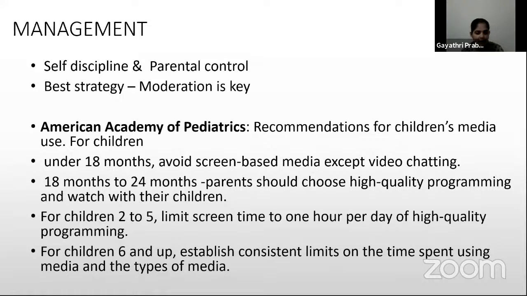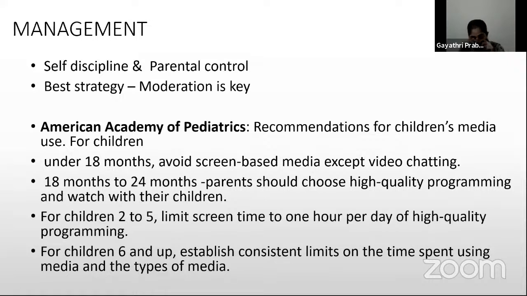Now, the American Academy of Pediatrics recommends that under 18 months, the kid should not be given any kind of media device. They are allowing video chatting though, which could be for a few minutes or so. For 18 to 24 months, again, it should be less than an hour. The same goes up to 5 years of age.